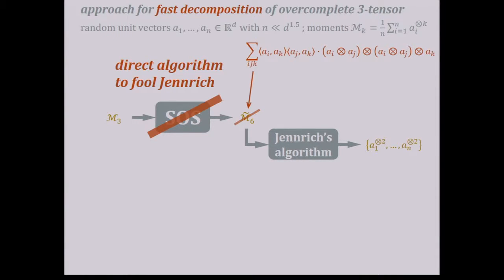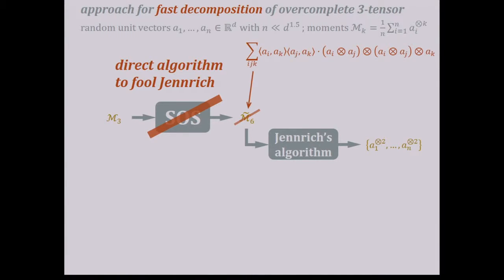And it turns out that to some extent you can implement this kind of procedure in a very simple way, just as a low degree polynomial of the input tensor. This object turns out to be a degree 3 polynomial in the input tensor.